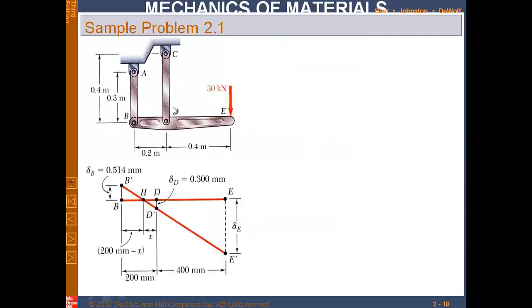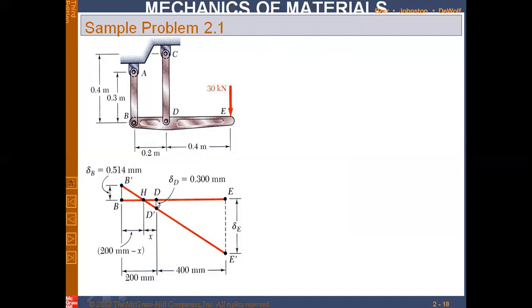So this is our actual problem, and this line DE represents the initial position of this rigid link, whereas after the application of the load, the new position of the link is B dash, D dash, E dash. This displacement B B dash is delta B, which we have already calculated.